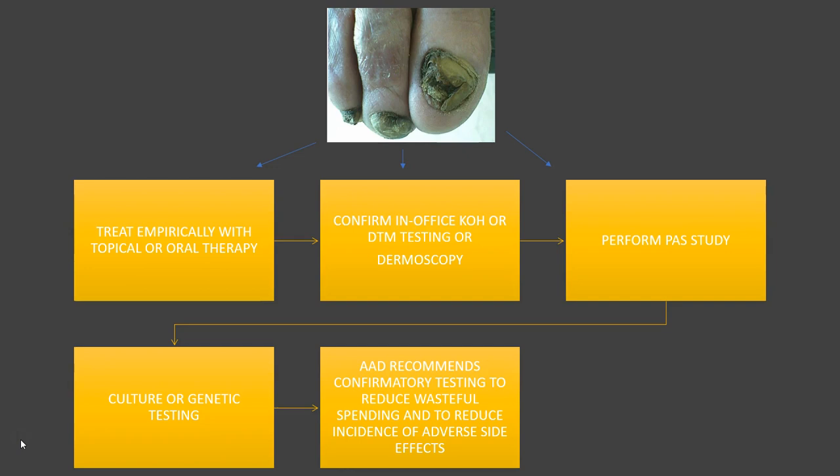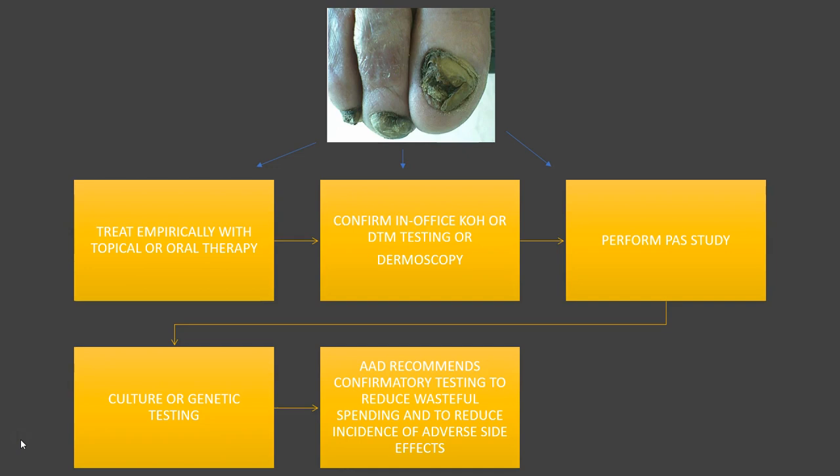I don't think many people are doing dermatophyte test media testing any longer, but that's certainly an option. From a cost-effective standpoint, if you merely need to know whether it is a fungus and not necessarily the genus or species, then PAS studies are certainly worthy of consideration.